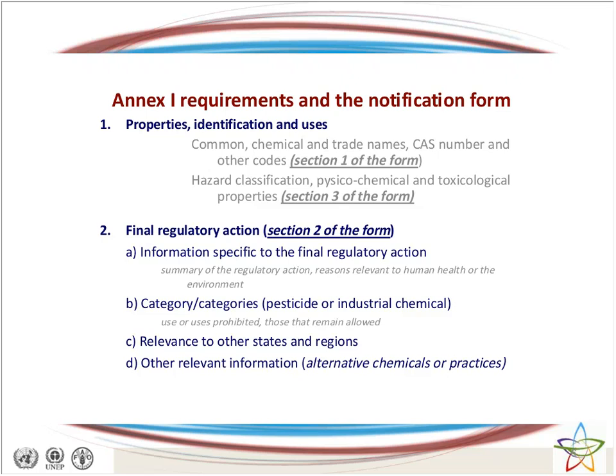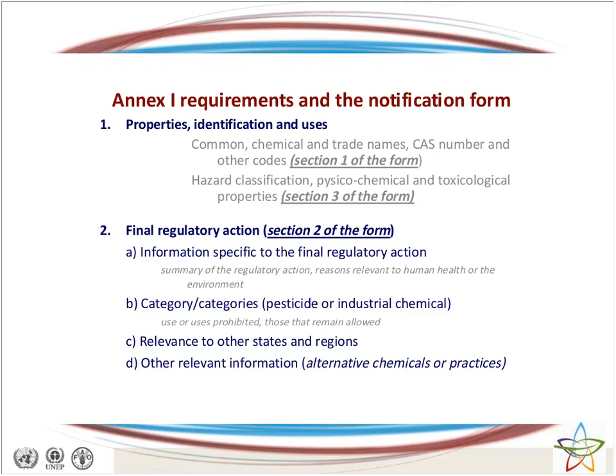This is a key element of the information to be included in the form because it will be evaluated by the CRC, as you will see later on, together with other information, but this is key for the listing. So this part must be really complete and well described.